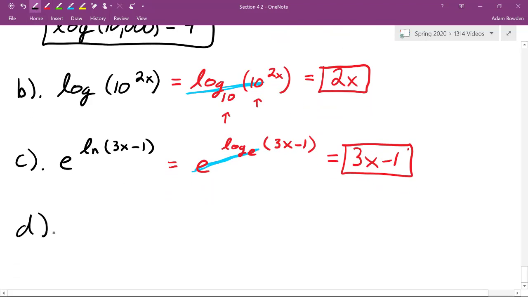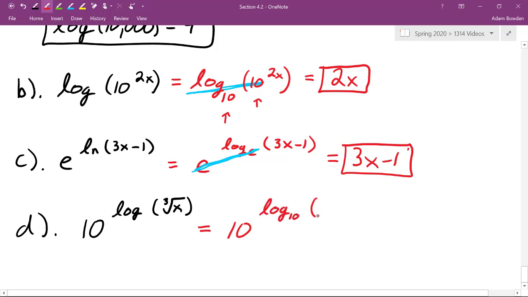We also see this happening with base 10. If we go 10 raised to the log of the cube root of x. When you see the log, you can change this over to 10 raised to the log base 10 of the cube root of x, which means that those two will go away, cancel out, and you're going to be left with just the cube root of x.